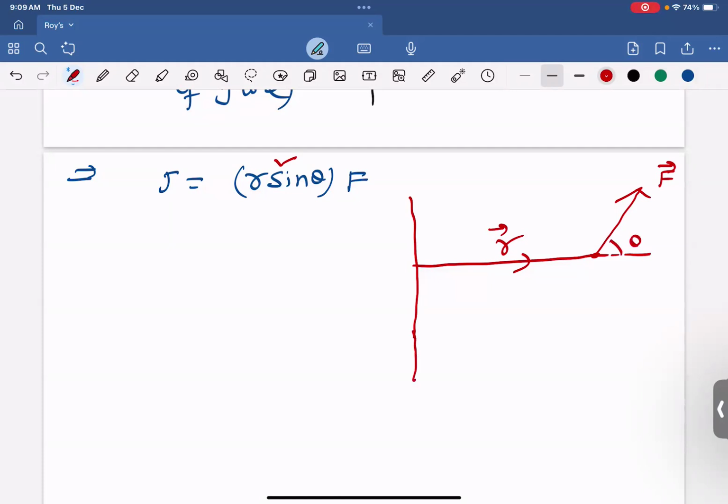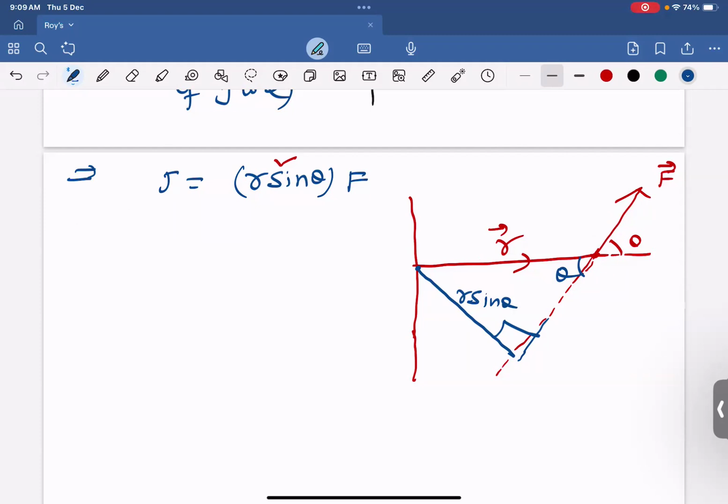You don't take the component of F. I'll just extend F backward a little bit, and then I'll draw the perpendicular from R onto the direction of the force. So this angle will also be theta. This is also R sin theta. F I have kept intact as it is, I have taken the component of R and then multiplied.